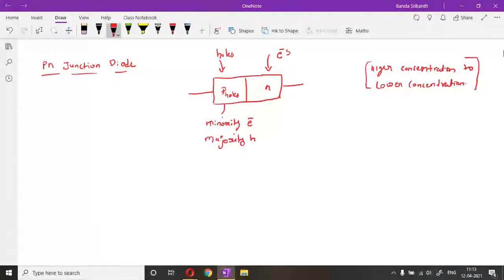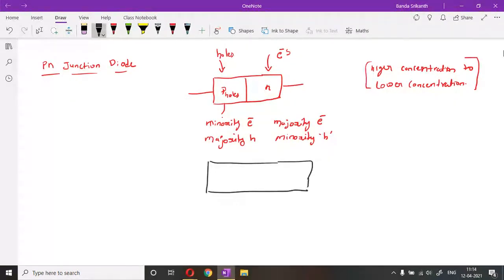And this side, what happened for the N type material? Majority electrons and minority holes. Is it not?